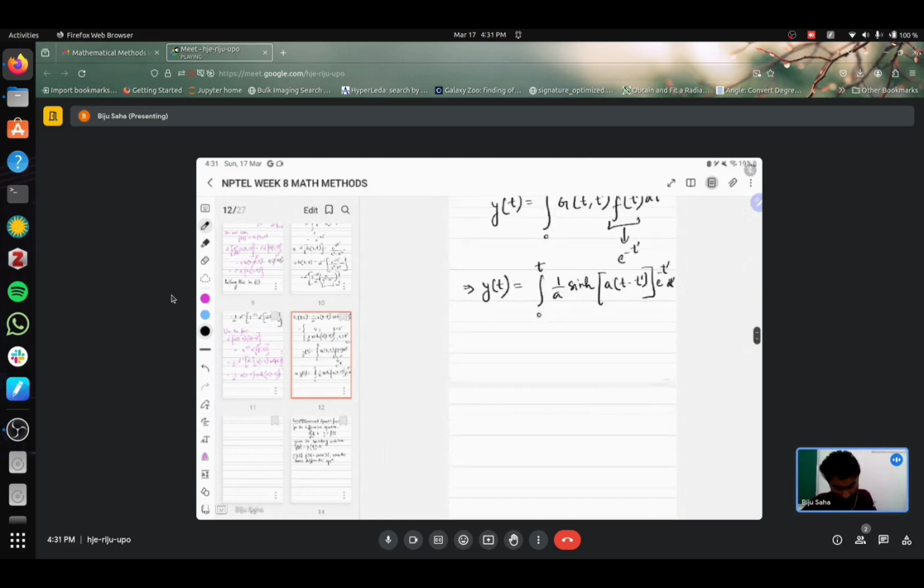So basically this integral needs to be carried out. So let me use the definition of sinh.